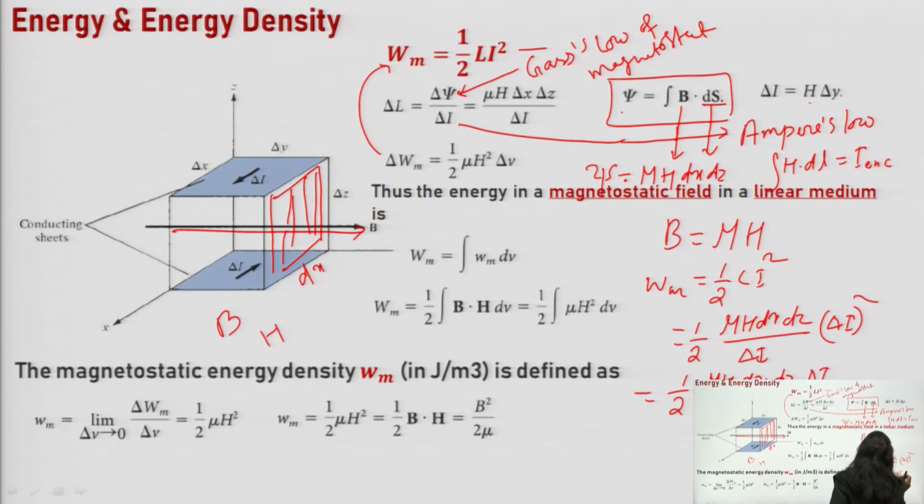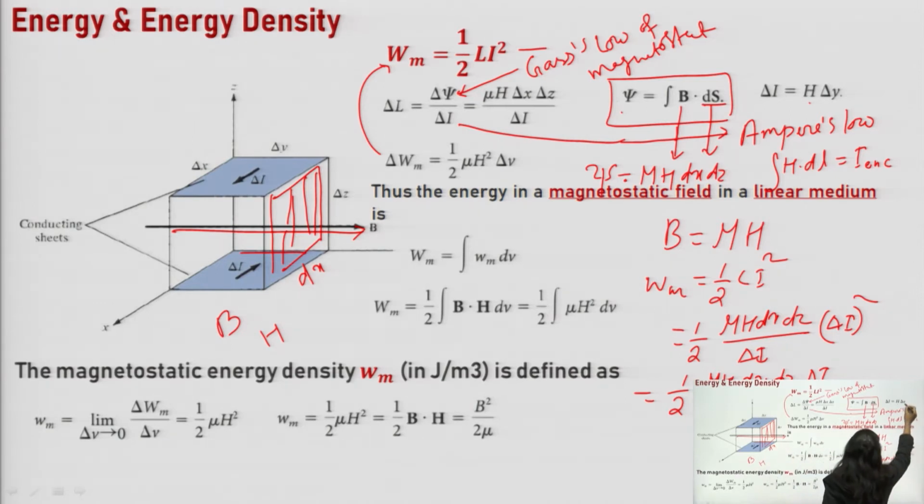Now delta I can be written from here, because I is flowing in this way, so we can write dy. H is going in this direction along the y axis, B is going in this direction, so it means that H is also going in this y direction only. So we need to take dl as dy.